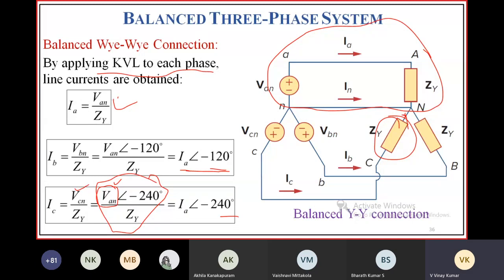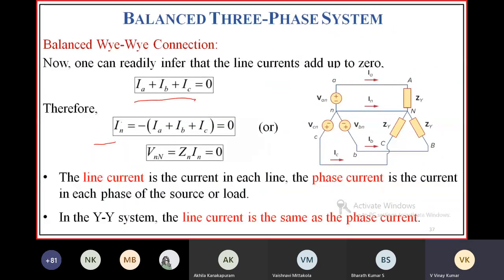The sum of all voltages at any instant is equal to 0: VAN plus VAN at an angle minus 120 plus VAN at an angle minus 240 is equal to 0. Zero divided by impedance Z phi equals 0, so the current will be 0 in the neutral wire.